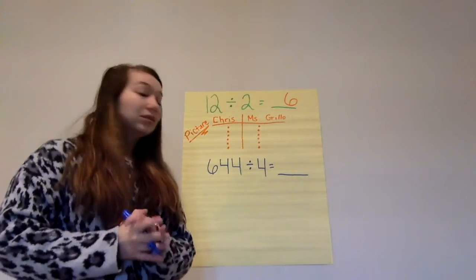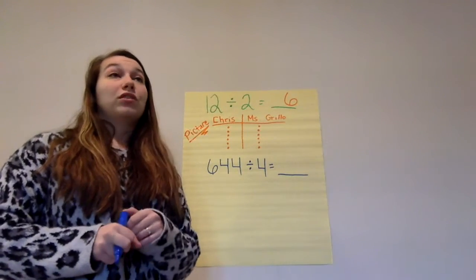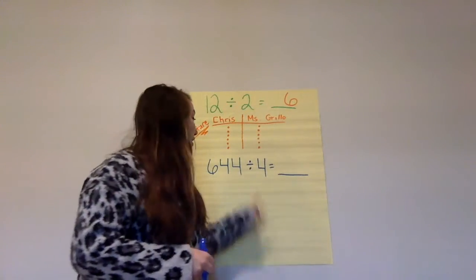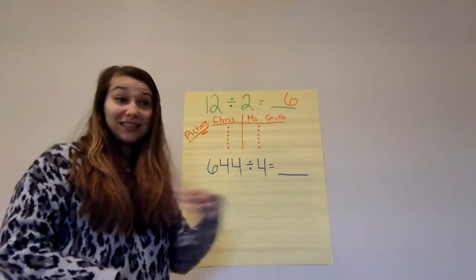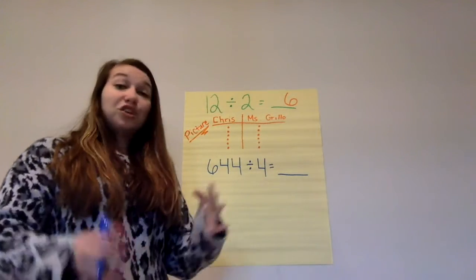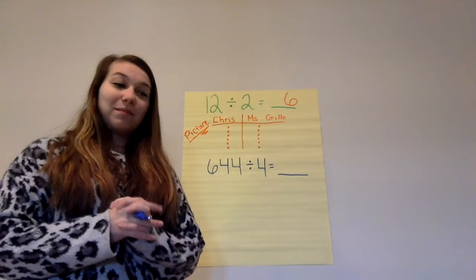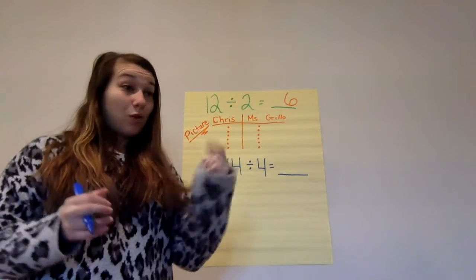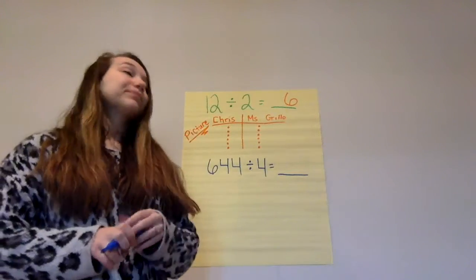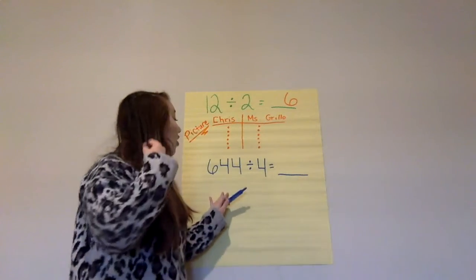Okay? That's a lot more cookies. Could you go ahead and sit here and draw 644 dots into 4 groups? You could. Do you think it would be beneficial? Do you think it'd be quick, or do you think it'd take a long time? Yeah, it would take a long time.